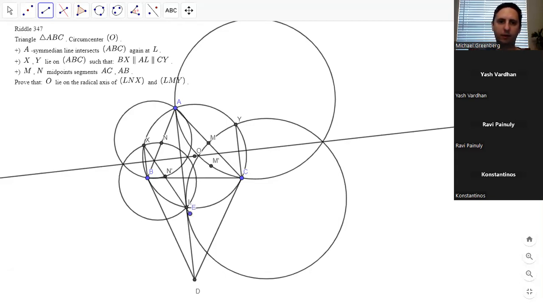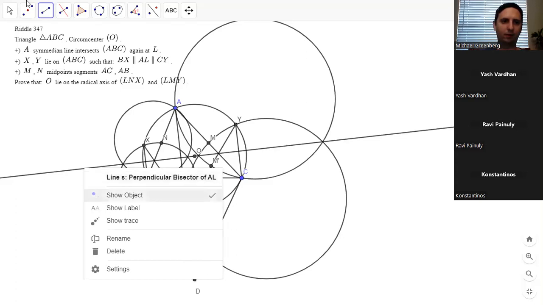Whoops, sorry. So basically we just draw XL and YL, and we take the midpoints, and we have to show that O lies on the radical axis of those.